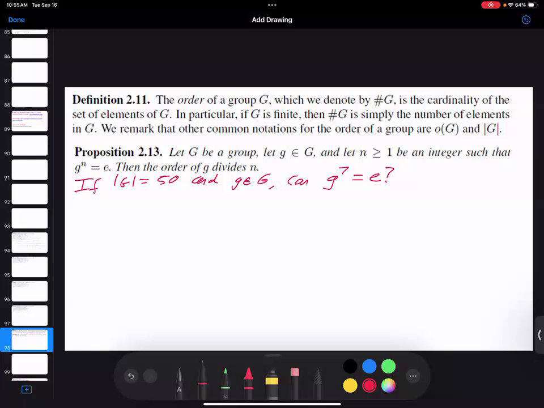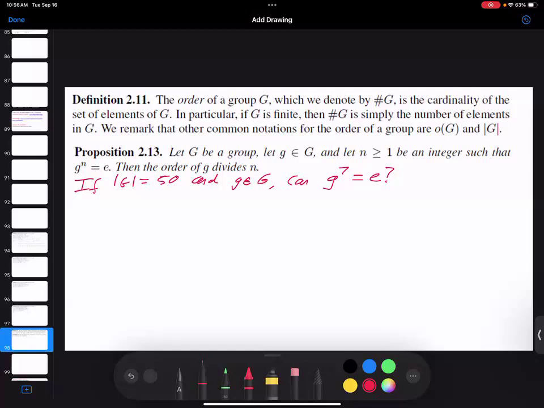So is it possible, can I find an element such that g to the 7th equals e? Can anybody give me an element g that works? I haven't given you that much. I'm just telling you, you've got some group, it has order 50. I don't even know if you know a group that has order 50. Can you find an element in that group such that if you raise it to the 7th power, you get the identity? Does anybody have a thought about what might work?